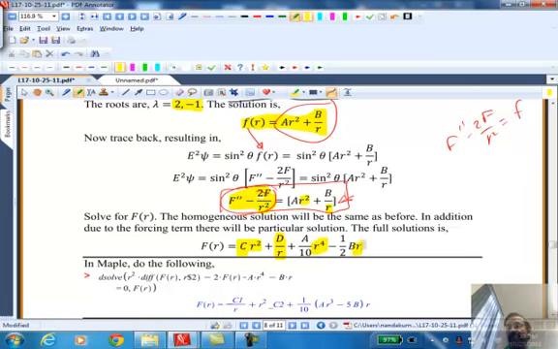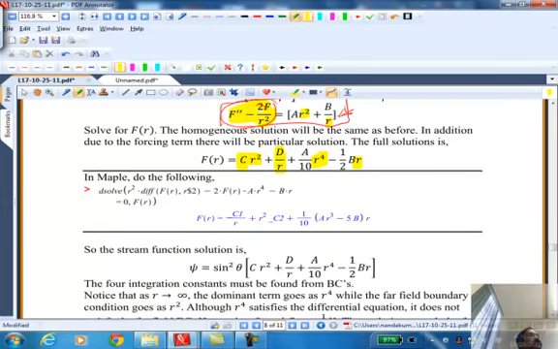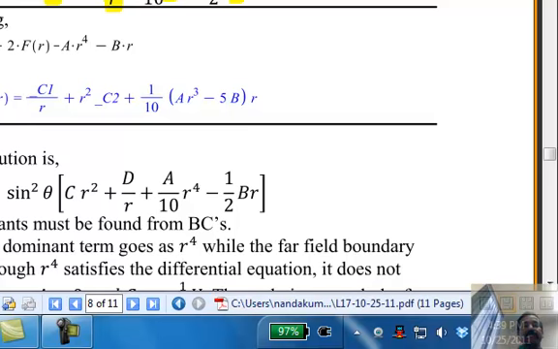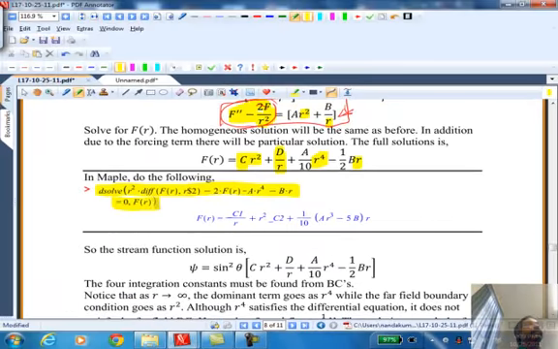Now, if you are comfortable with computers, the solution to that equation can be obtained in Maple with this command. You need to understand what that command does. Dsolve is a differential equation solver. So it solves any linear differential equation.